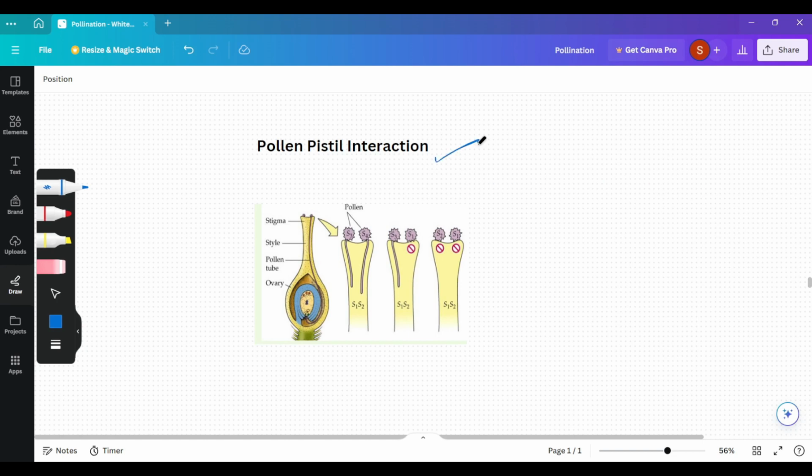Once the pollen and the pistil interact and find each other recognizable or compatible, then the post-pollination events start occurring. So, the pollen-pistil interaction involves pollen recognition followed by promotion or inhibition of the pollen.